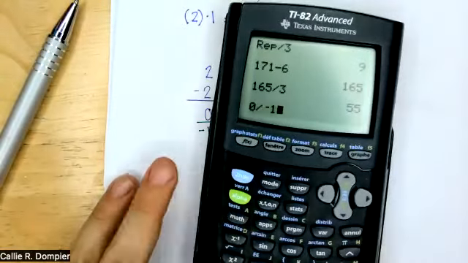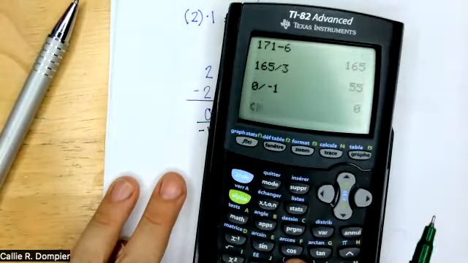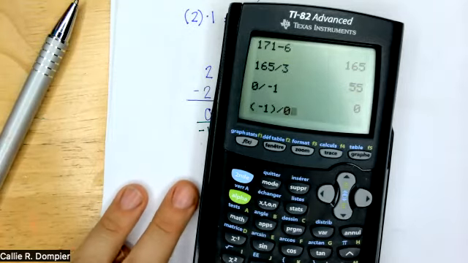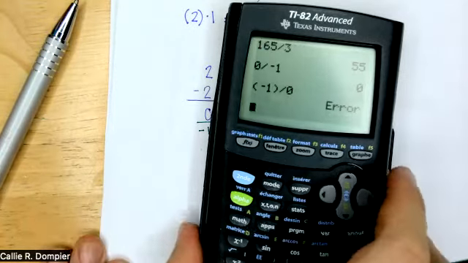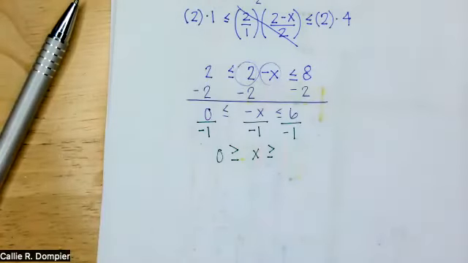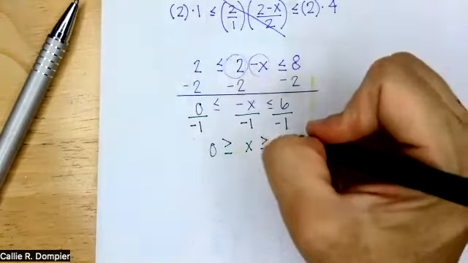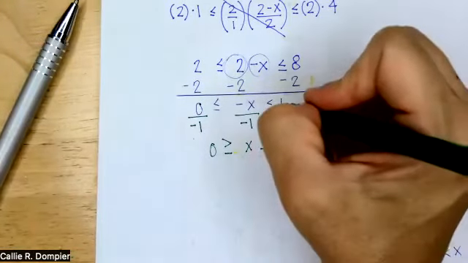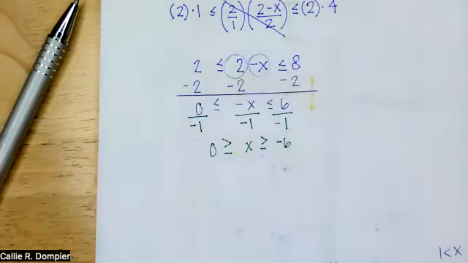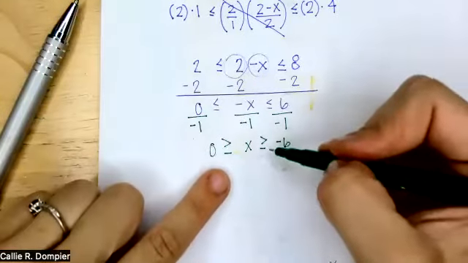Dividing by 0 is when you get an error, so don't worry about continuing to work with 0. 6 divided by negative 1 is a negative 6 because positive divided by negative is a negative. Good? All right, we had to flip the sign, so it's very important.